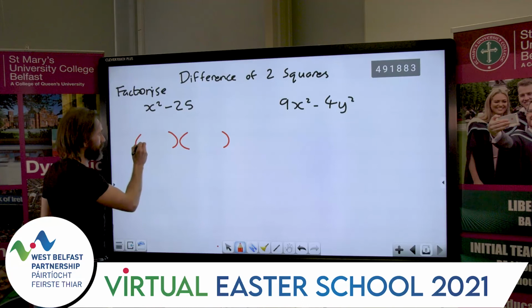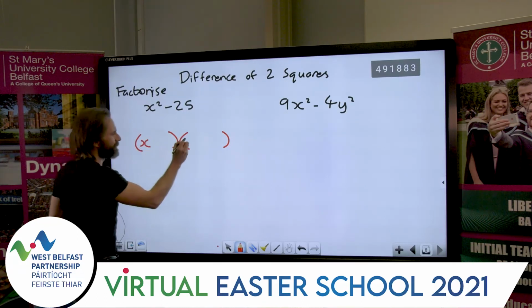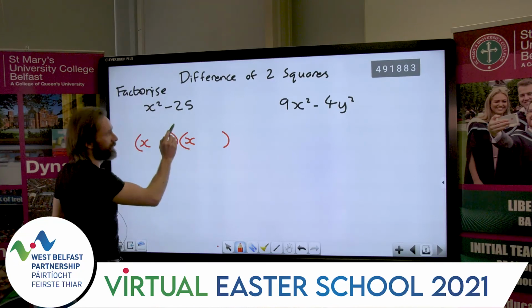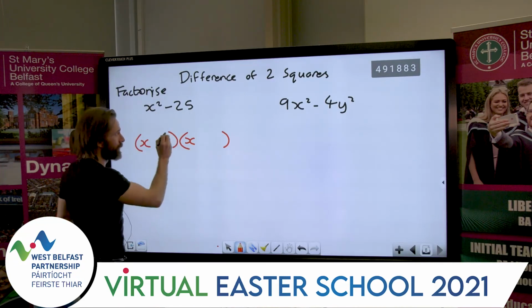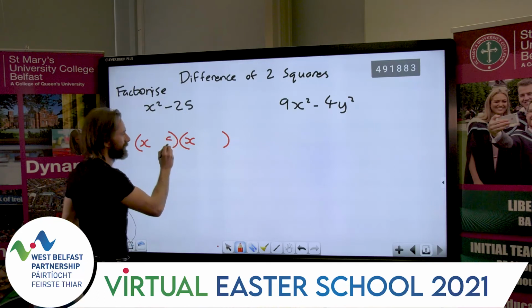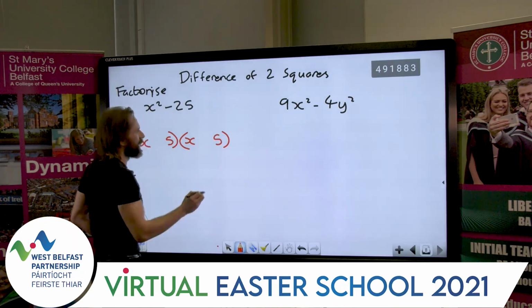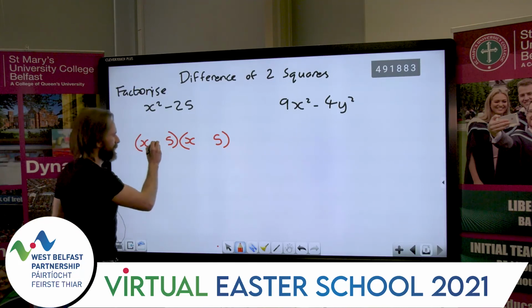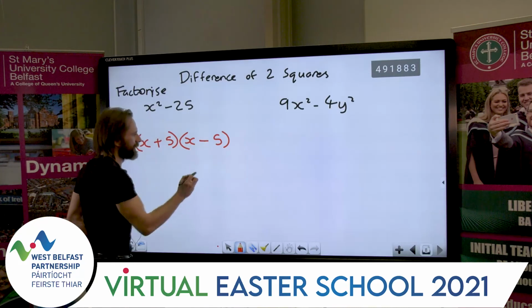So the square root of x squared is x. The second term in each bracket is the square root of the second term. So the square root of 25 is 5. And the signs inside each bracket, one has to be positive and one has to be negative.